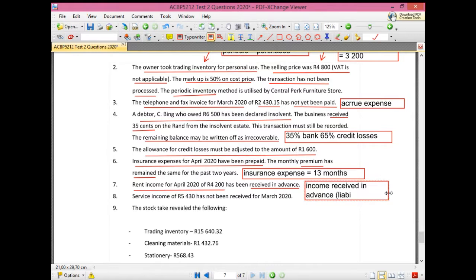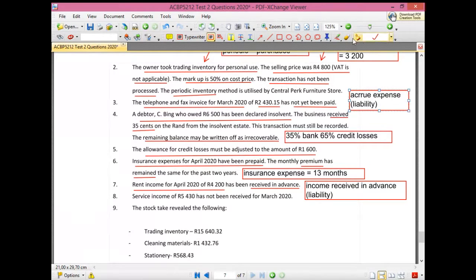And this is a liability, because if something happens to the business at that date, I would have to repay that amount to the tenant because they haven't actually used the property for April. Whereas an accrued expense would be what? Okay, so it's also a liability.